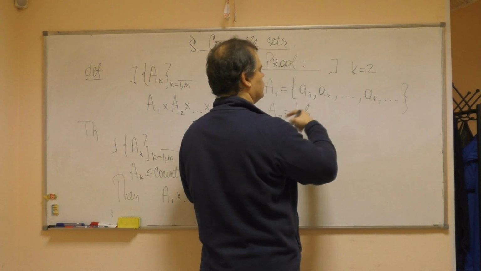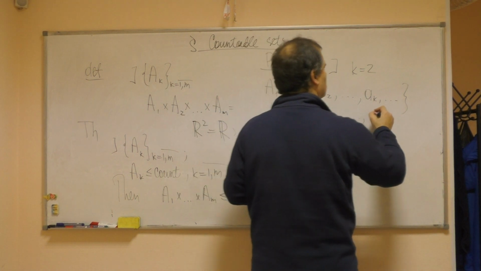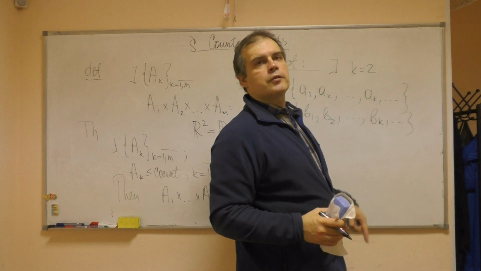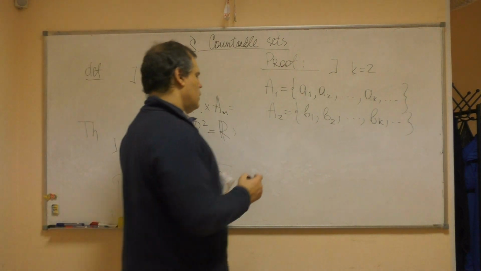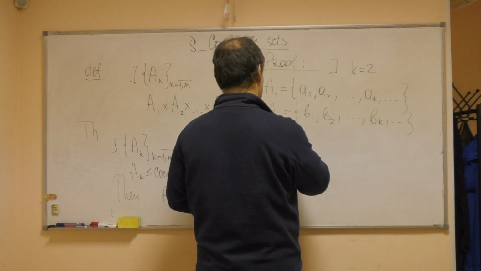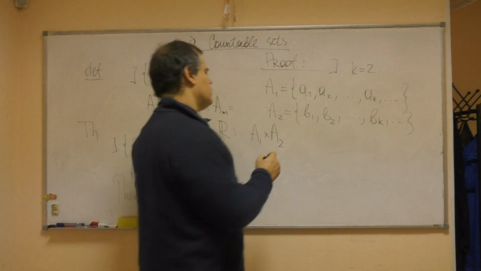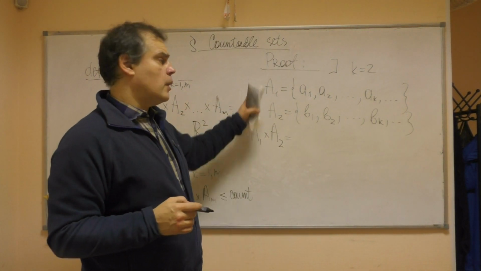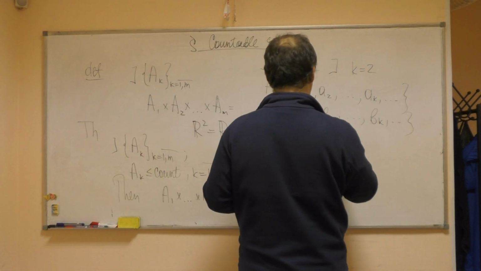It's more convenient to denote elements by b: b1, b2, bk, and so on. Maybe finite, maybe infinite series. Then A1 multiplied by A2 can be represented. It's a set of pairs, one element from A1, one element from A2. So we can arrange it like this.